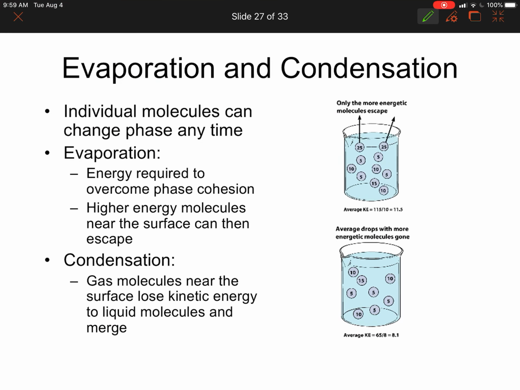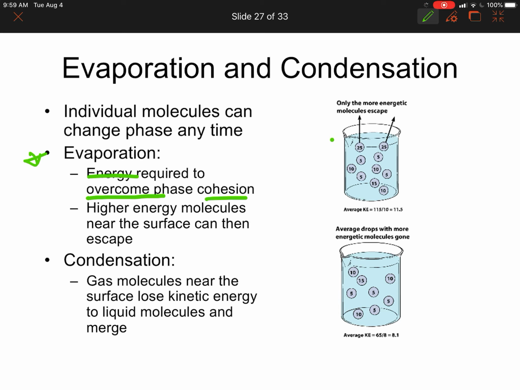Okay, and then very last, this is just saying evaporation and condensation. Evaporation, the definition of that, is the energy required to overcome cohesion. Cohesion is when those molecules want to stick together. So when they start becoming a gas, like water vapor, that's the energy overcoming cohesion.